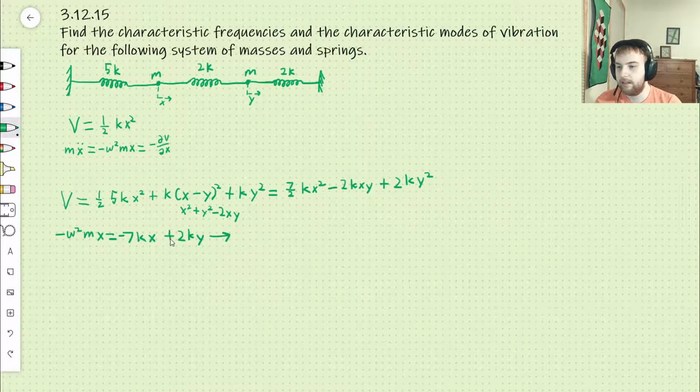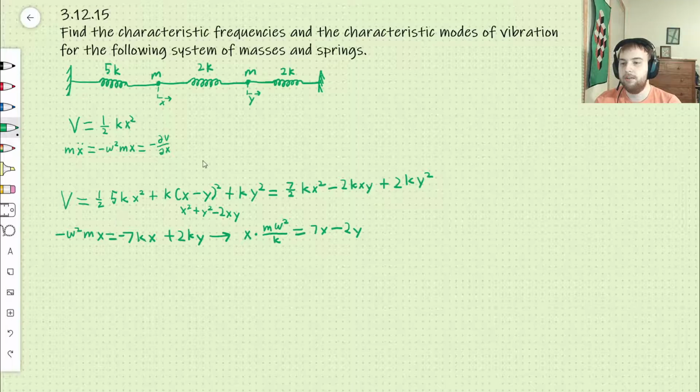Once we actually take the proper negative, we can rewrite this as x times m omega squared over k equals, and since we took out the negative sign from there, we have to take it out on this side too, 7x minus 2y.